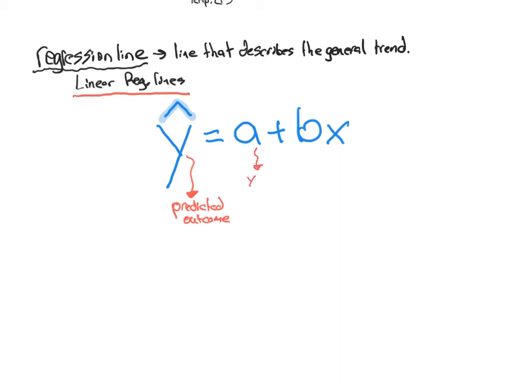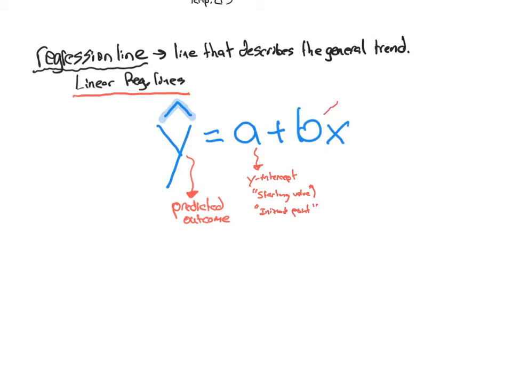A is the y-intercept. Now you guys probably remember that from algebra. That is what we call the starting value, or also known as the initial point, right? Something like that.